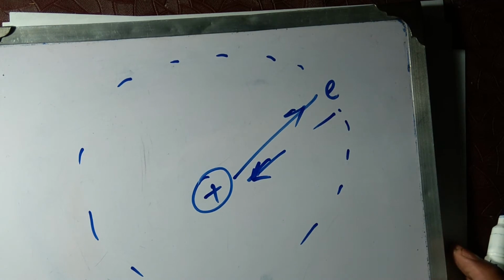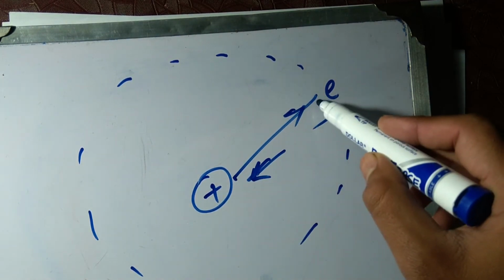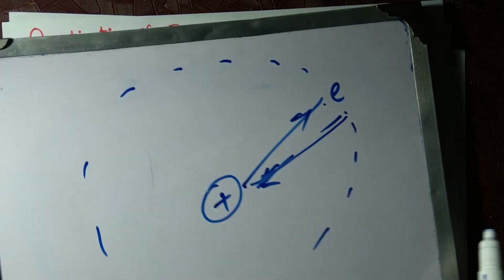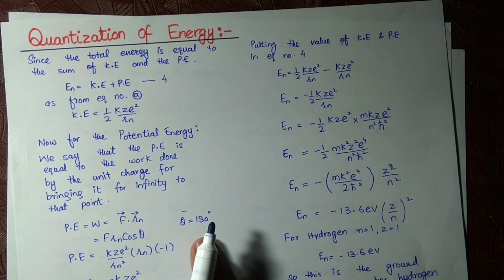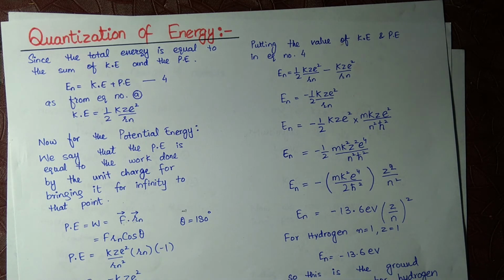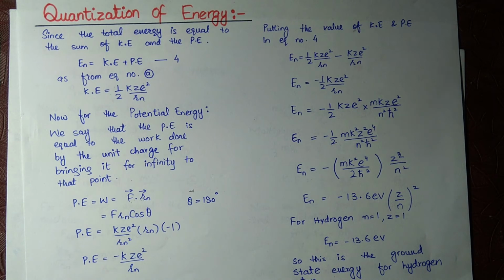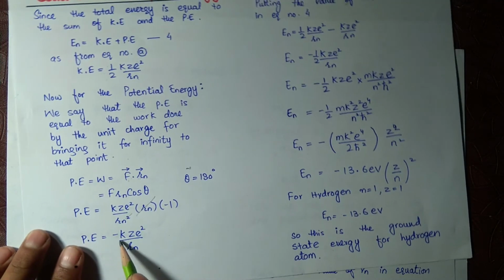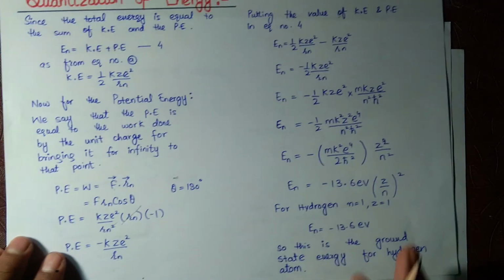If we are talking about the Coulomb potential, the force is attractive, from positive to negative, and the radius is along like this, so they will have a negative sign. Theta will be 180 degrees here, and the potential energy will be equal to minus k Z e square Rn, where this Rn cancels out with this one.